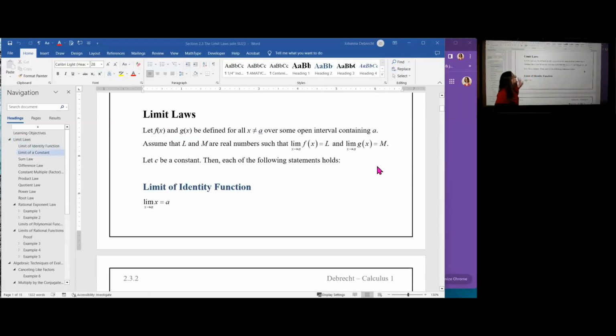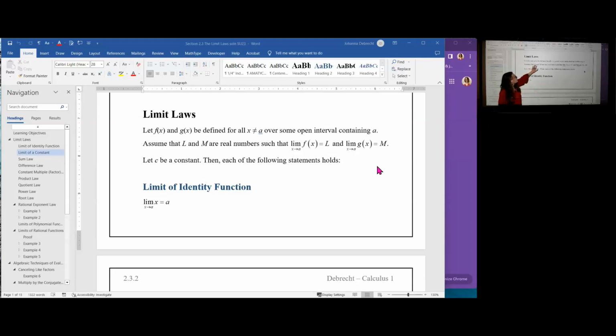We're going to take two different functions, f of x and g of x, and we're going to let them be defined for all values of x in some open interval containing a, except they may not be defined at a.